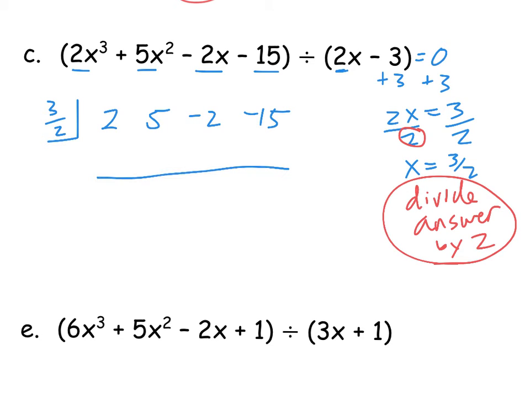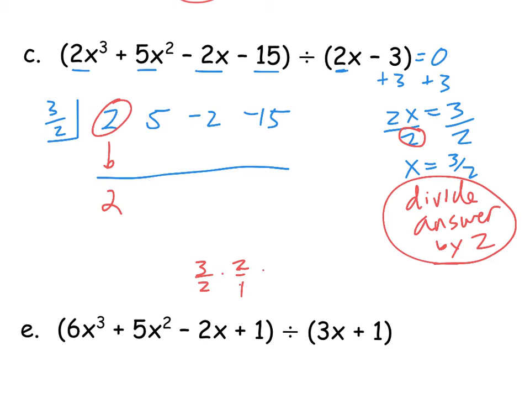Skip a space. And then we always bring that first number down. That's the first step. A lot of people multiply 3 halves by 2 and then bring it down. That's not correct. Just bring the 2 down. That's my first number here. Now, 3 halves times 2 over 1. You could do it like this.